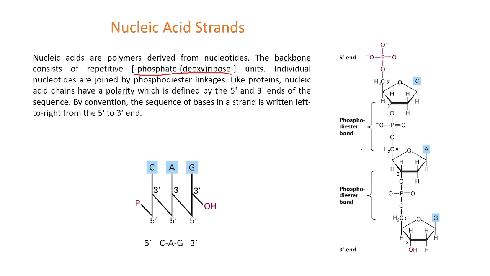Because the 5 prime CH2 carries the phosphate group. Then the nucleotides are linked by phosphodiester bonds, and the 3 prime end is determined by the 3 prime OH. So it is written in a 5 prime to 3 prime manner from left to right. And nucleic acids have a polarity because of the 5 prime phosphate group and the 3 prime OH group.